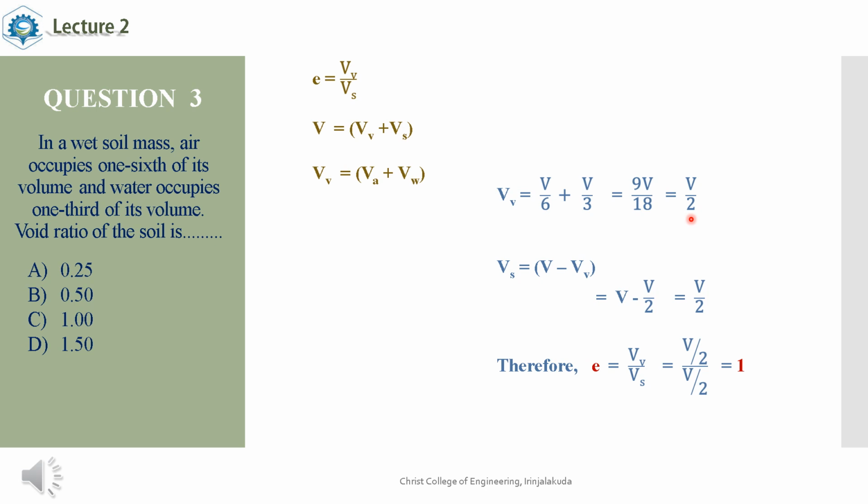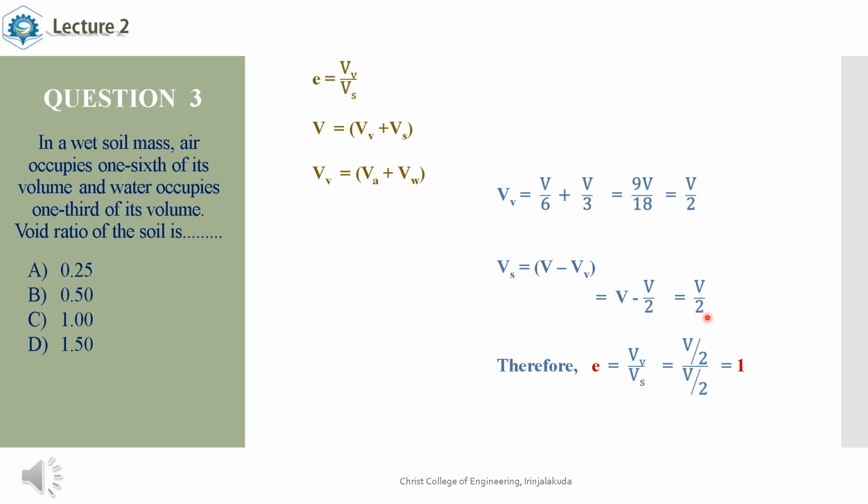Now what is the volume of solids then? We have to deduct this volume of voids from the total volume. So V minus VV will give you the volume of solids. It is again V by 2.